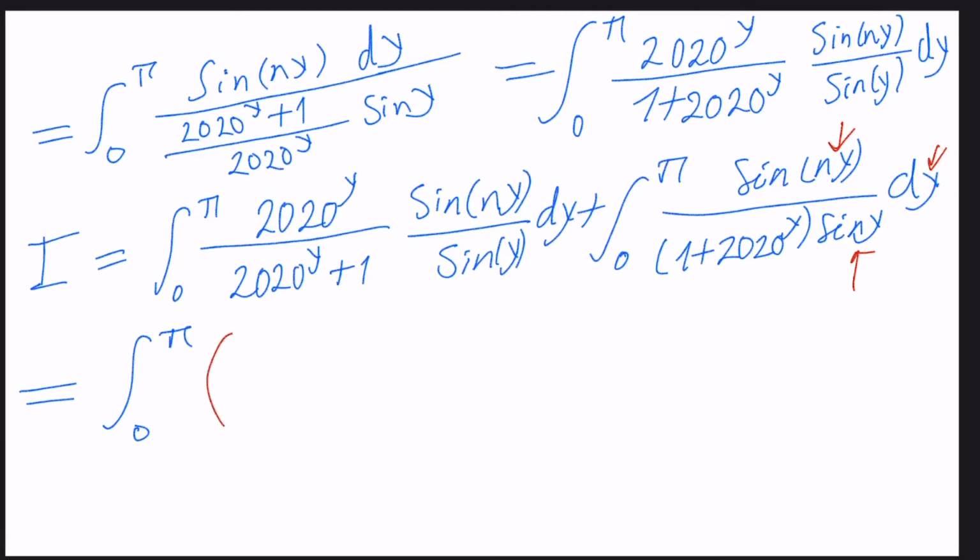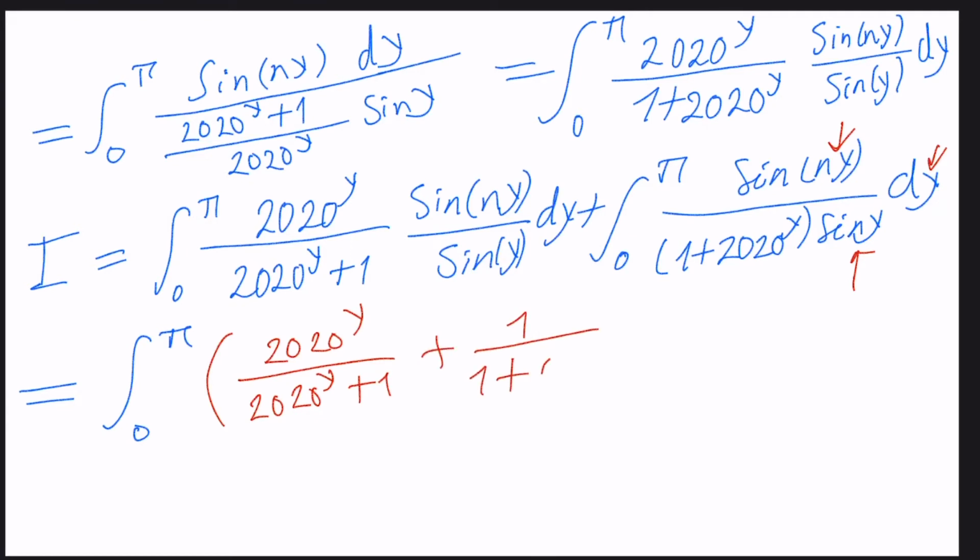Here, let me add 2020^y divided by (2020^y plus 1) plus 1 divided by (1 plus 2020^y), multiplied by sine of ny divided by sine of y dy.